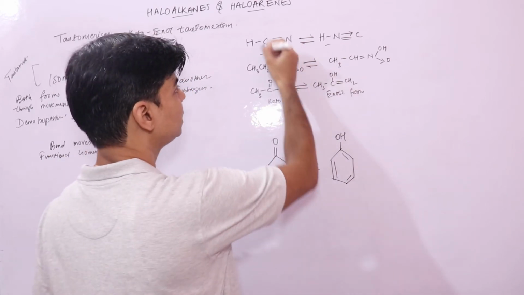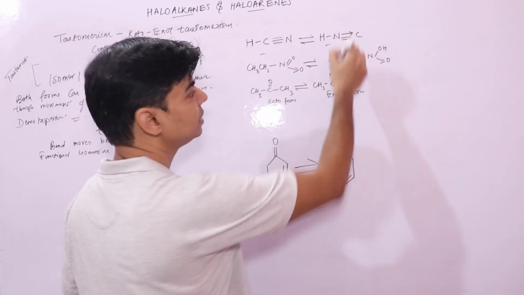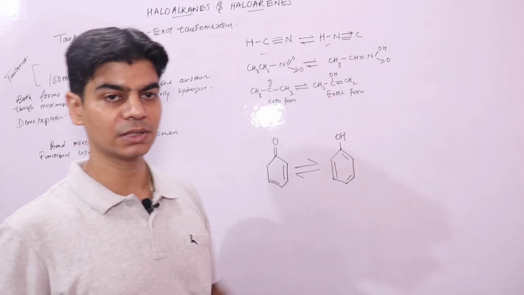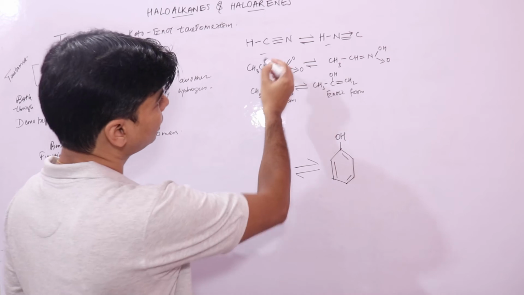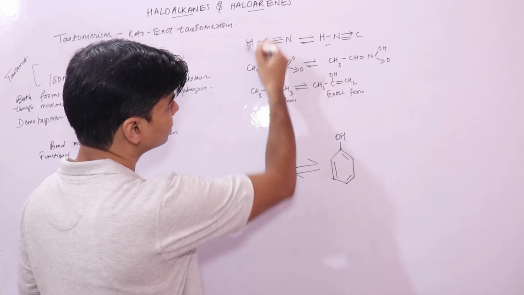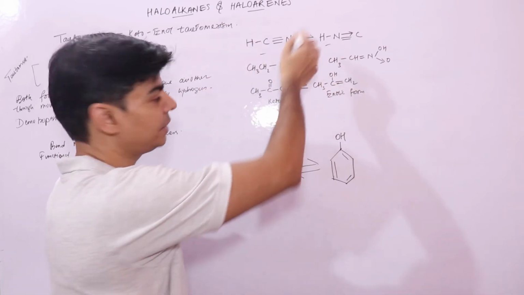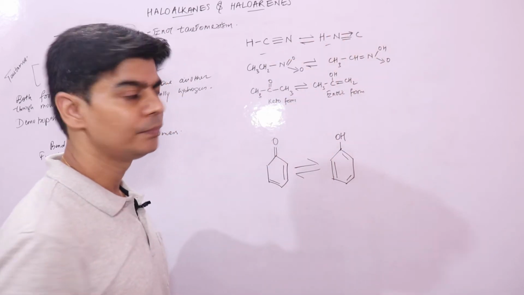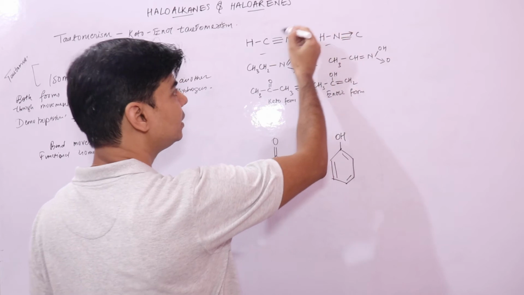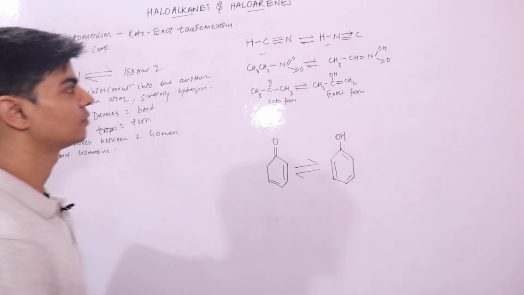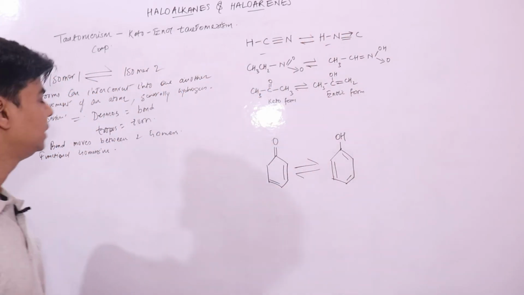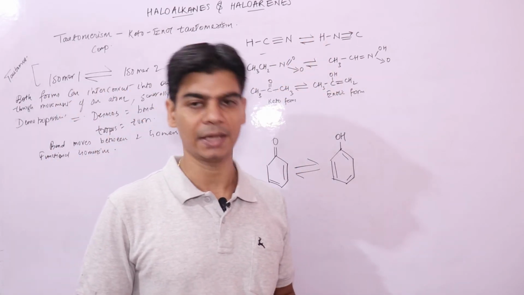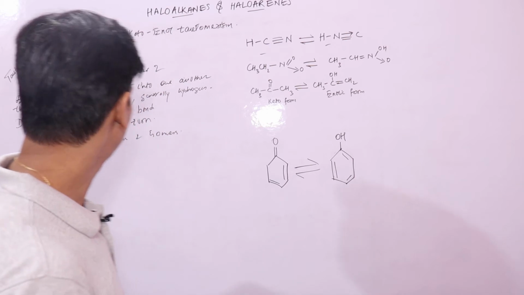Here we have a CN group, here we have an NC group, an isocyanide group. So these two forms have different functional groups. The cyano form can readily convert into this isocyanide form, and this isocyanide can readily interconvert into the cyanide form. And this interconversion can be catalyzed or assisted by an acid or a base.